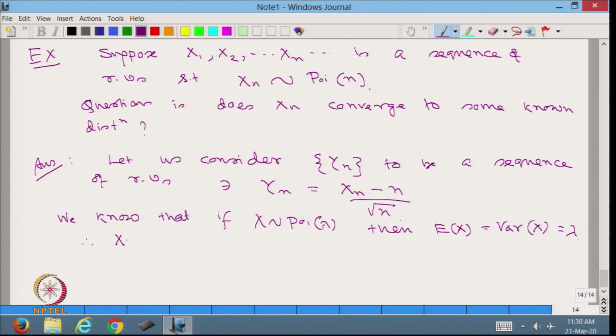Therefore, (X minus lambda) upon root lambda is the normalized form of X, because it is variable minus mean divided by standard deviation.